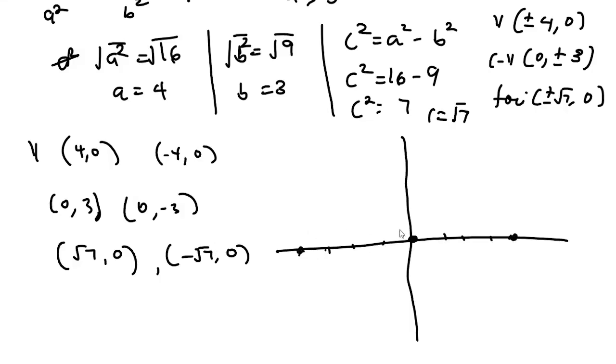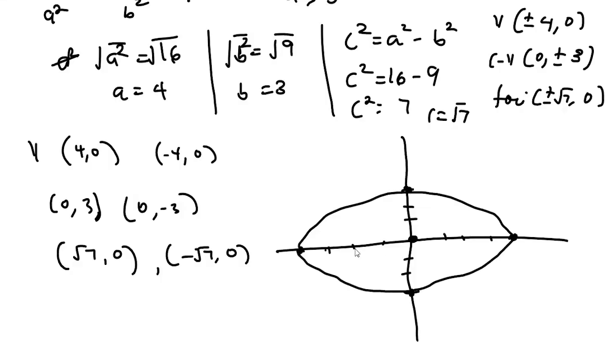Then we have the co-vertices 1, 2, 3 and 1, 2, 3, so negative 3 and positive 3. So this is how it is going to look. You can see that it is a horizontal ellipse.